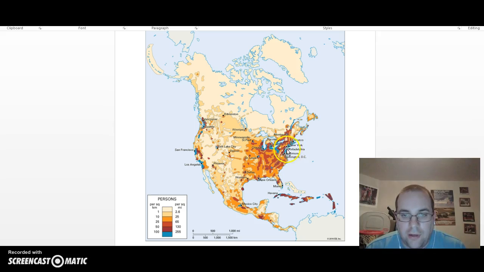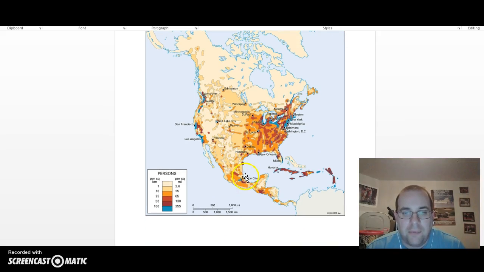You obviously see on the East Coast there's a heavily, densely populated area in the United States, and if you think about it, the majority of our major cities are located there. If you go farther west, it's not as populated. But if you go to Mexico City, you can see that that's an incredibly populated area.